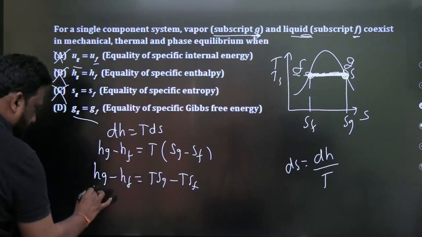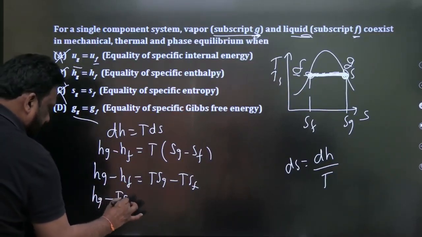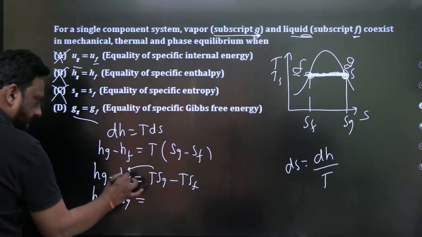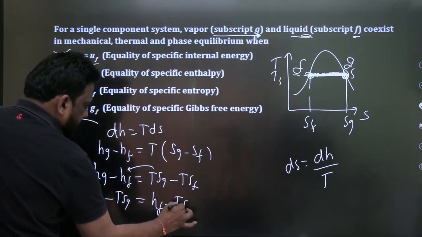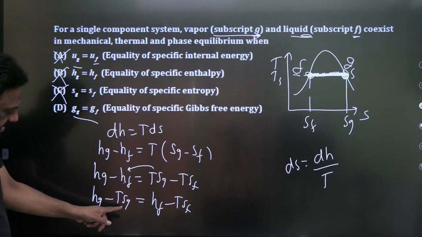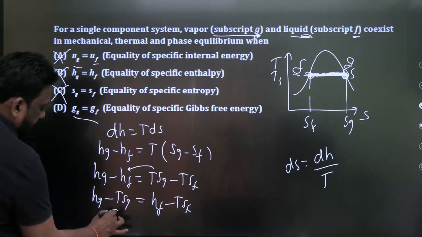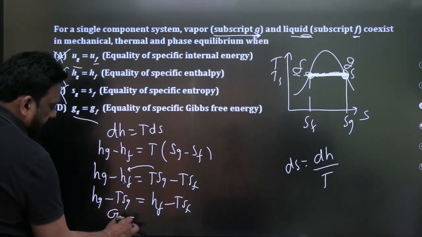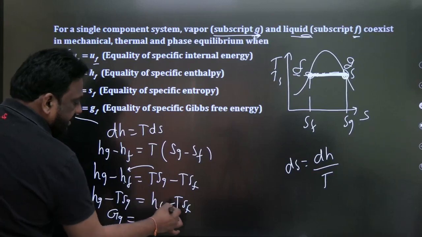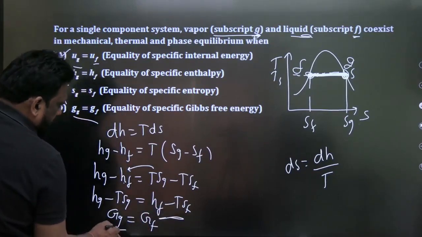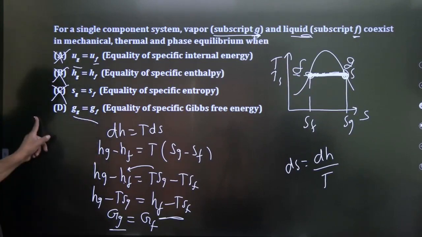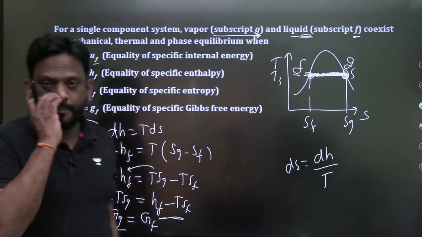So you bring this to this side, Hg minus T Sg, and you throw this to this side, so minus will become plus. So Hf minus T Sf. So what is this? H minus Ts is Gibbs free energy. So that is for saturated liquid and saturated vapor. So Gg is equal to Gf, and this is correct. This is the right option, my dear students.